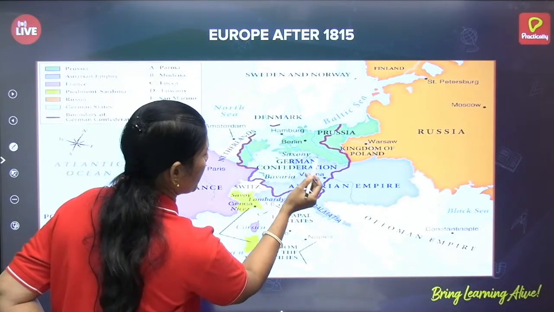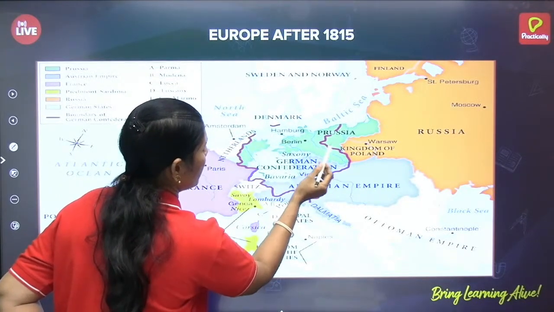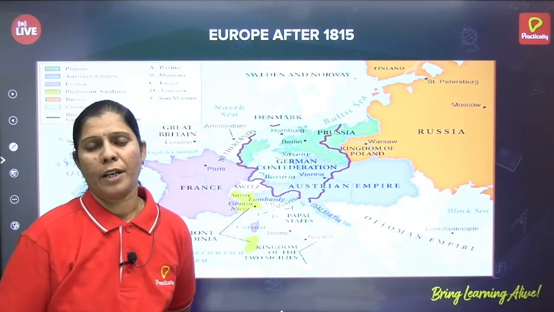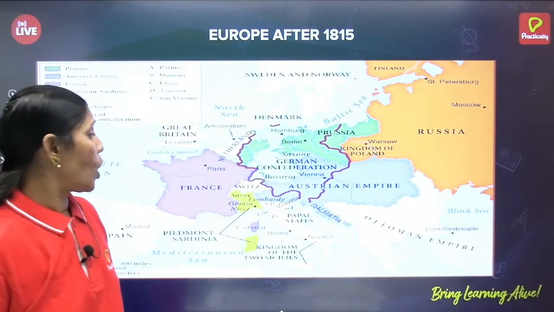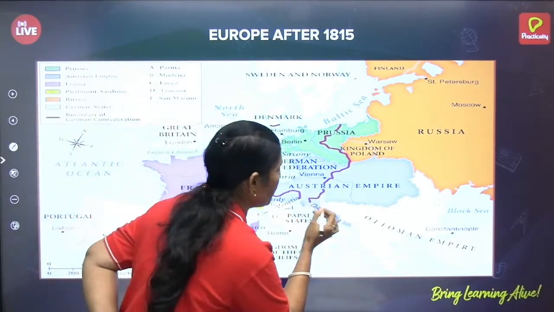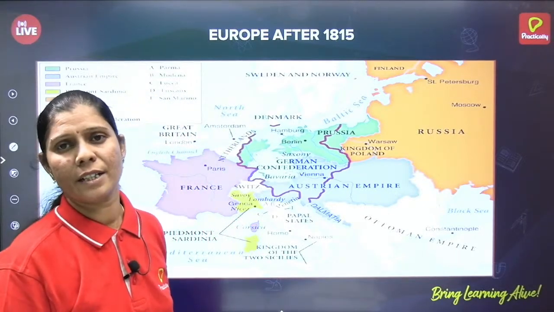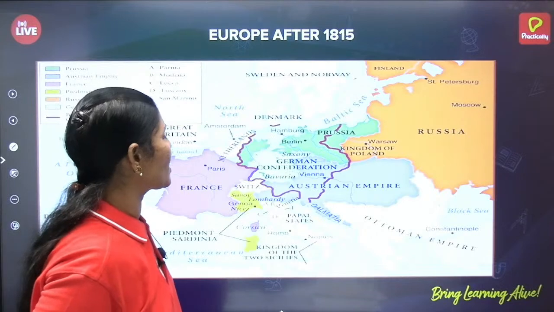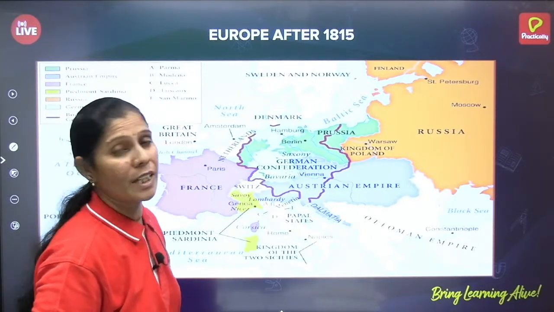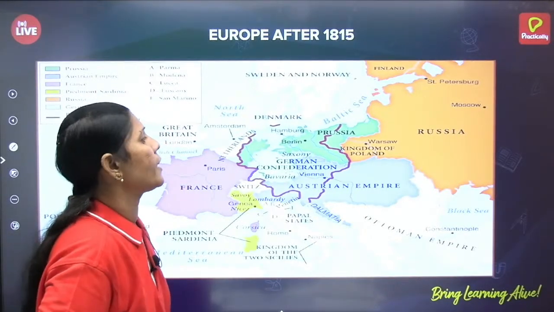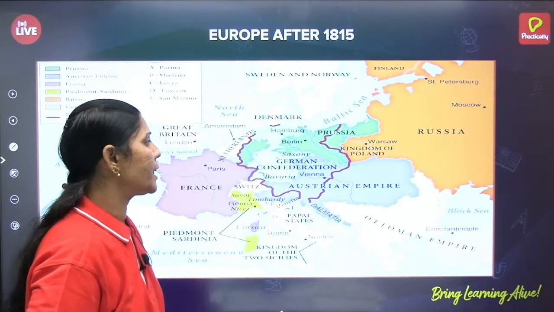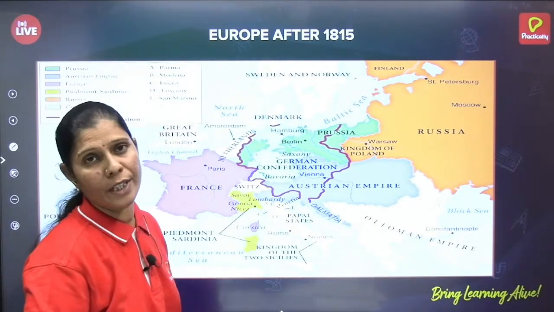Most of the Prussian territories were unsatisfied. In the Treaty of Vienna, Austria manipulated and kept many of the lands under its control, and in that process Prussia was treated unjustly. So Prussia wanted to gather its places which were with different countries.